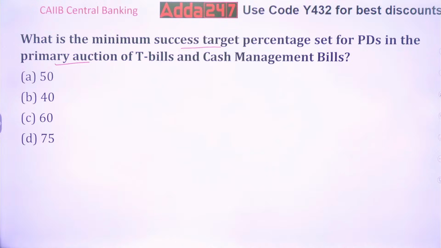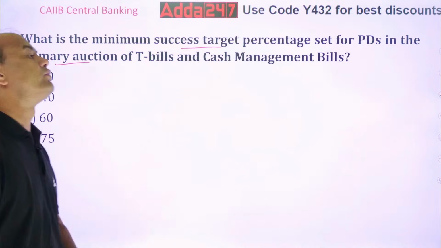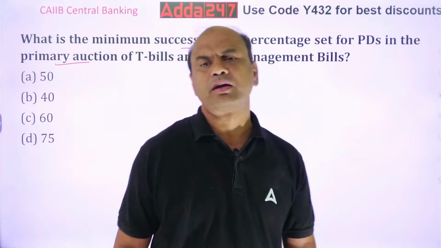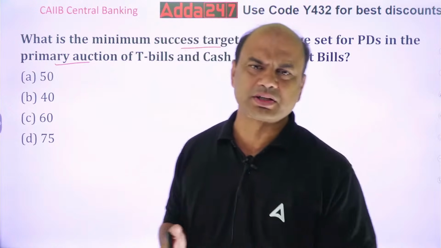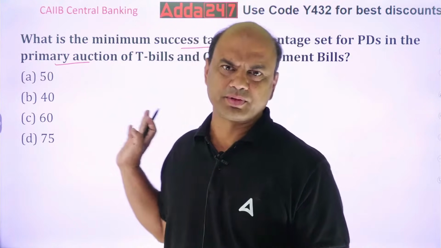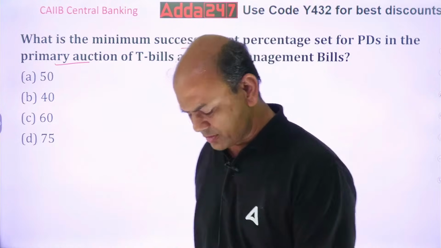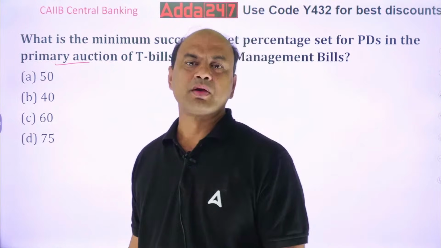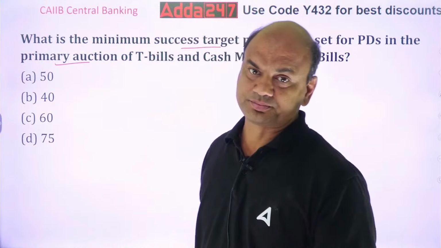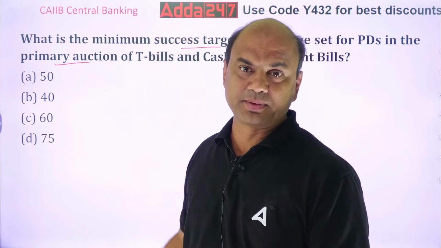They are also mandated to achieve a minimum success ratio. Their role is to participate in the auction. The government, basically RBI, will auction these treasury bills and CMBs.